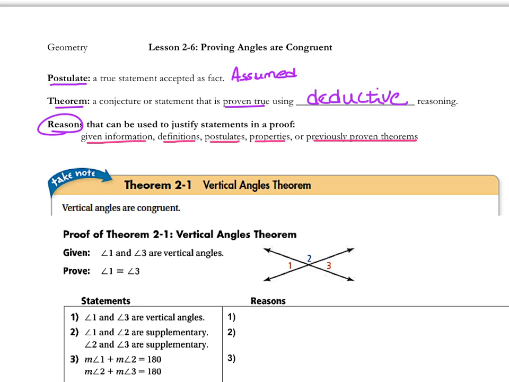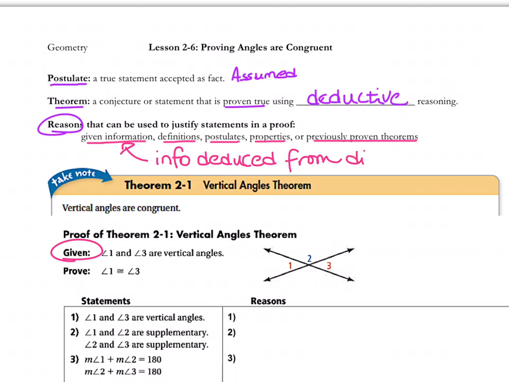The given information sometimes is actually stated as given in the problem. Other times it might be information that is deduced from the diagram. Such as two angles are a linear pair, or two angles are vertical and therefore congruent.